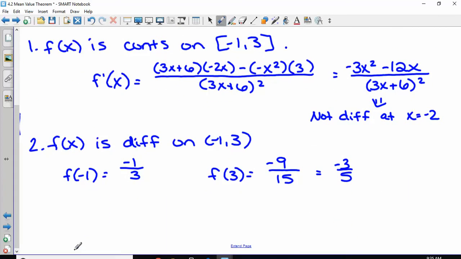Have I lost anybody? What do I need to do now? Slope. So y sub 2 minus y sub 1 over x sub 2 minus x sub 1.